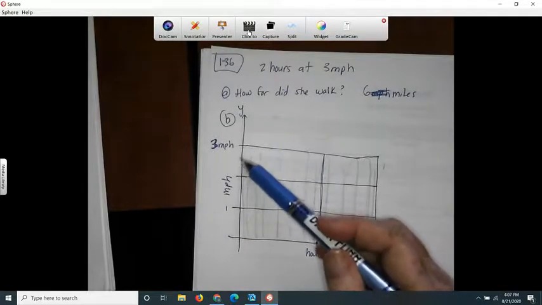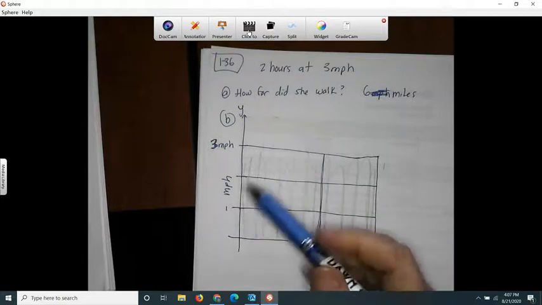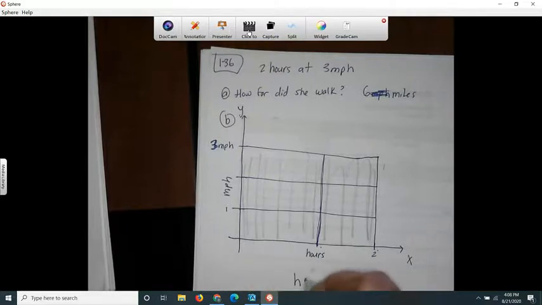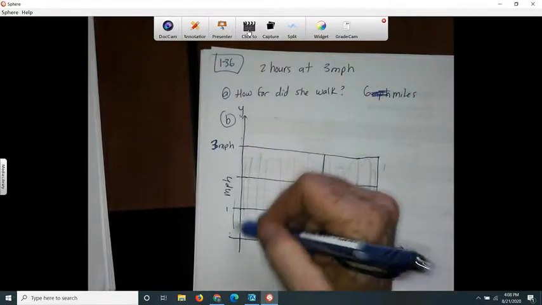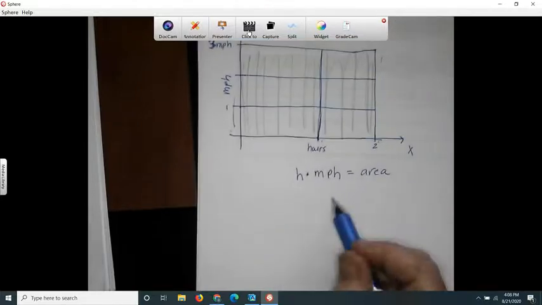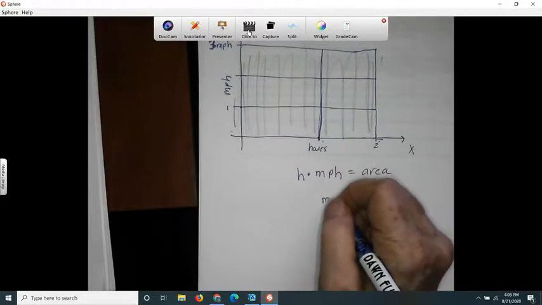Well, this is kind of like an area model. You know how length times width is area? Like hours times miles per hour equals area. So what I could do, I don't know if you realize this, but miles per hour can be written like this, as a fraction.